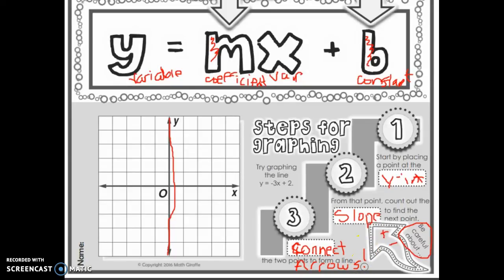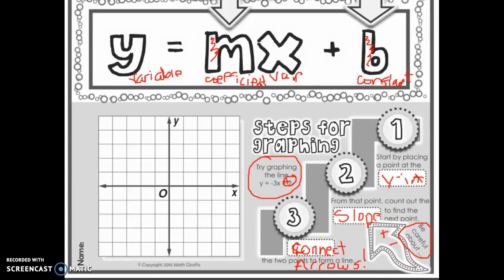Okay, so now we're going to try graphing this line. Let's start at number 1. It says start by placing a point at the y-intercept. Where is my y-intercept? It's the constant at the end. In this case, it says +2. So where is positive 2 on the y-axis?